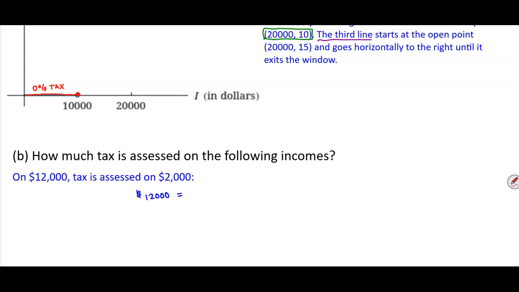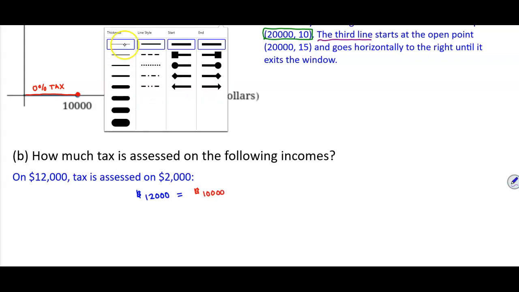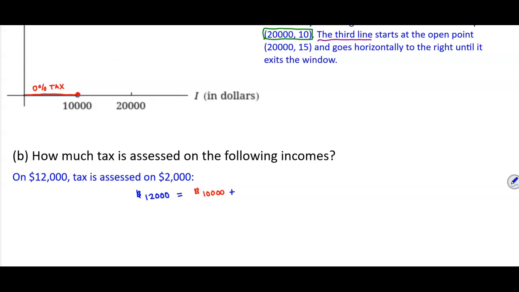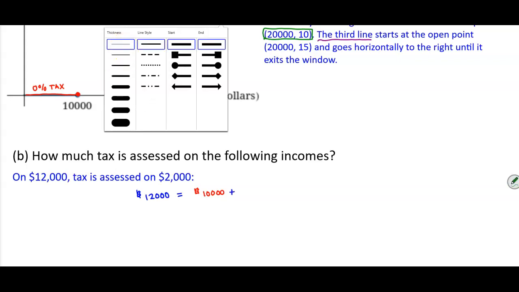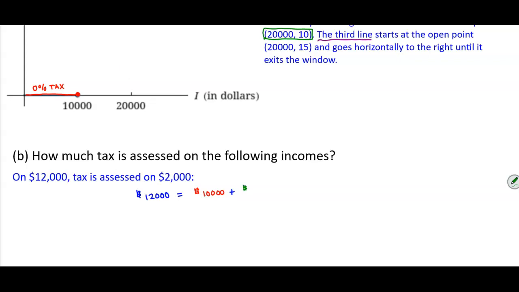The first 10,000 is going to have a 0% tax, plus the additional 2,000, which is going to have the 10% tax.